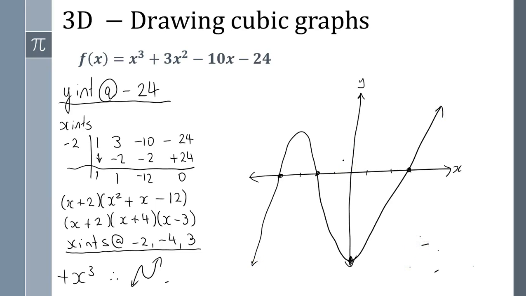Okay, and we need to label as well. So -2, -4, hopefully yours is a bit neater than mine, 3, and -24. Okay, so that's a pretty typical question that you'll be asked. So we're finding x-intercepts, y-intercepts, is it a positive or a negative? And that's for that format.